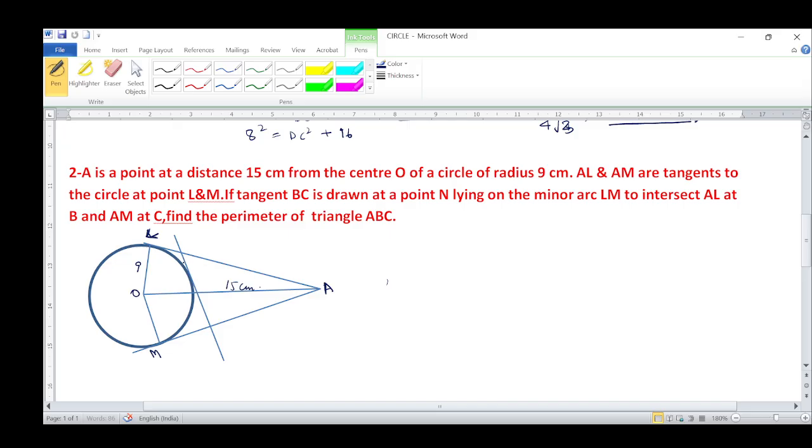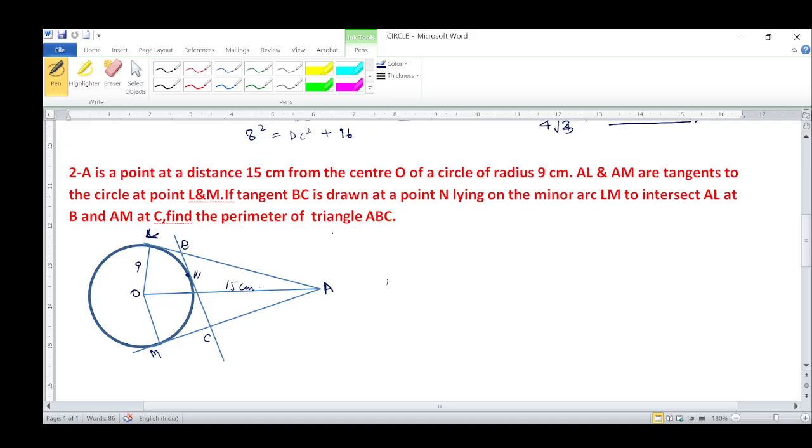AL and AM are tangent to the circle at points L and M. If tangent BC is drawn, and it cuts at a point N lying on the minor arc LM to intersect AL at B and AM at C, find the perimeter of triangle.